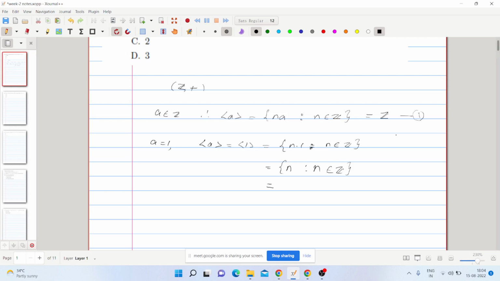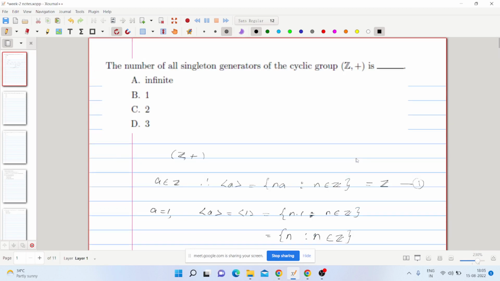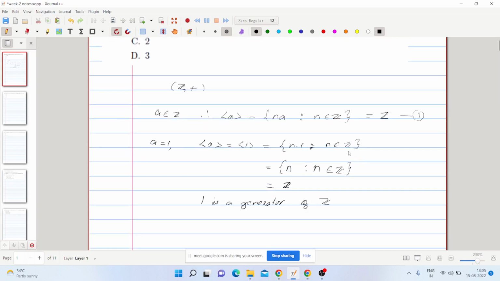The set of all elements in Z means the set of all integers. So what we are getting is that the subgroup generated by 1 is the same as Z. So 1 is a generator of Z. Is this clear? This one is a generator of Z.